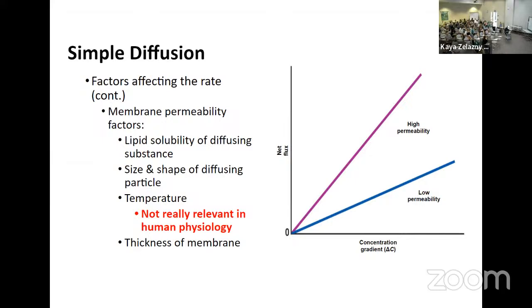The final one is the thickness of a membrane. When we draw membranes at the typical basic cell level, we just draw a phospholipid bilayer with two layers of phospholipids facing each other, tail to tail.